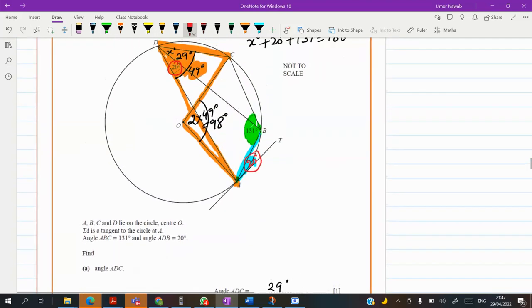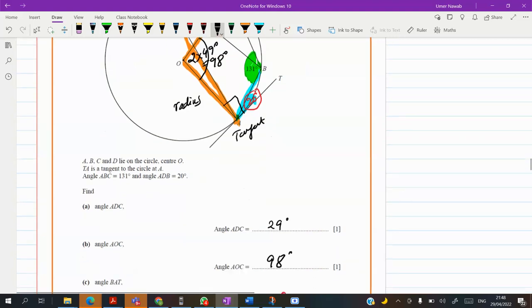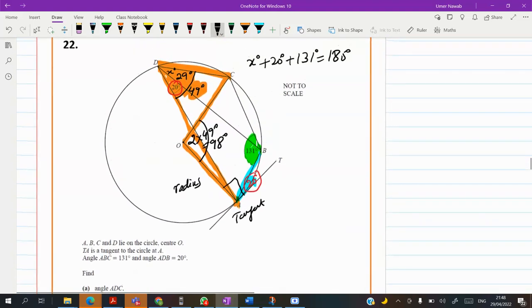Next, OAB. Guys, you remember OA is the radius, and this is your tangent. They are making 90 degrees. So I want to find angle OAB. So this angle is 90 minus 20. That will give you 70 degrees.